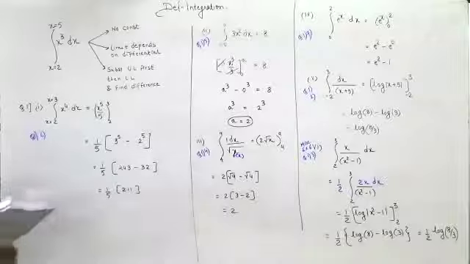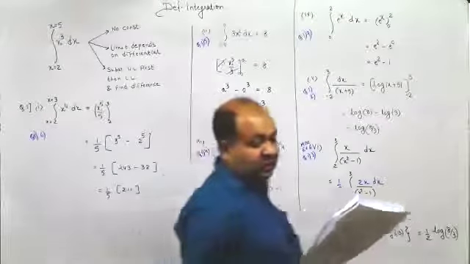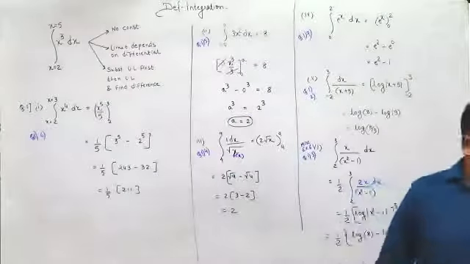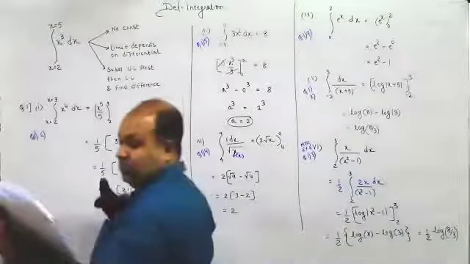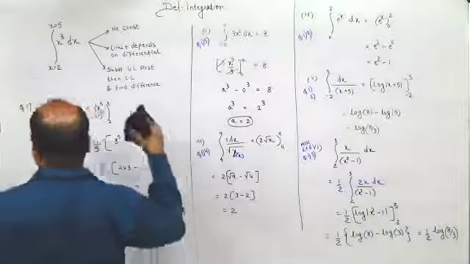The 7th, 8th and the 9th problem of the fill in the blanks are based on properties. I'm not touching that right now. First, I'll cover up those questions which can be solved directly.